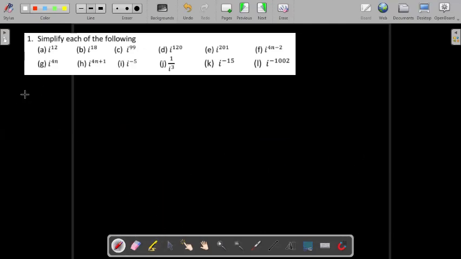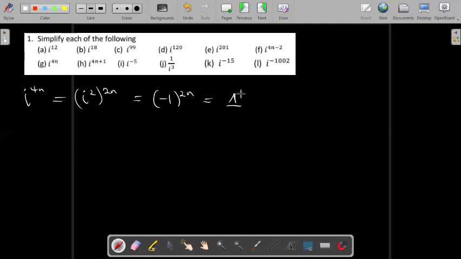So you have i to the power 4n. Of course, that can be written as i squared to the power 2n. And of course, that is the same as saying negative 1 to the power 2n. And this is also the same as, so when you square this, you just get positive.